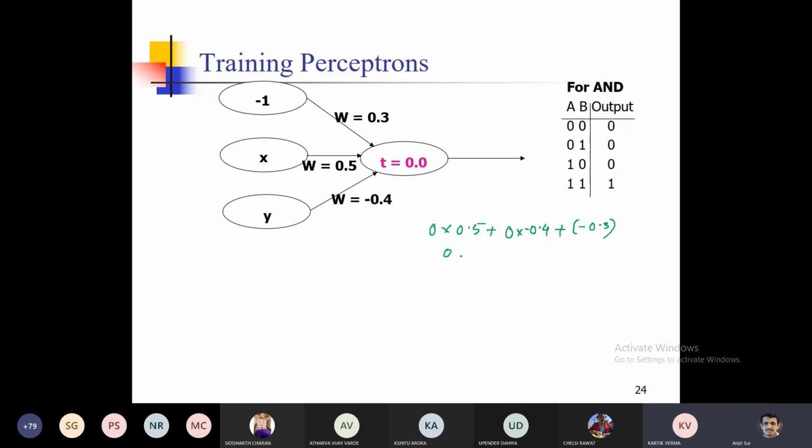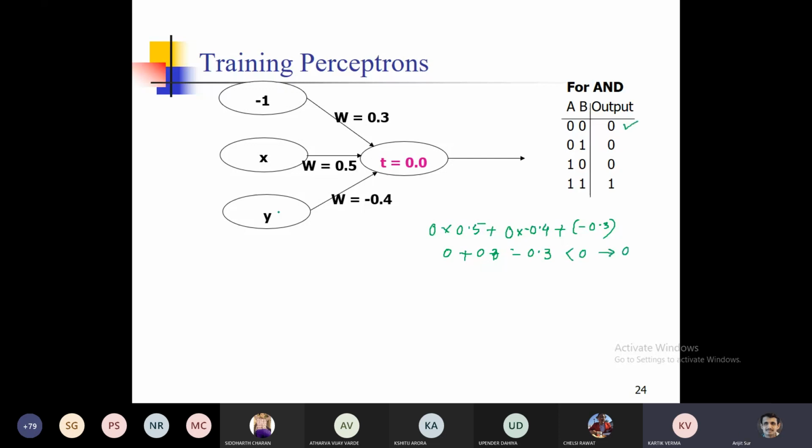This is 0 plus 0 plus minus 0.3, so it is less than 0. So the output is 0. This is correct.